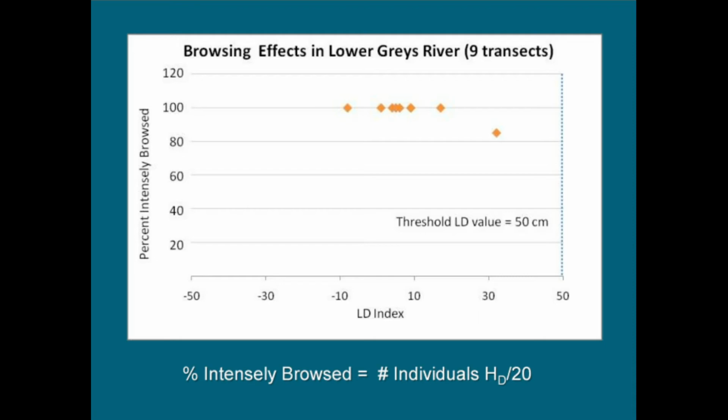So they're being prevented from growing through the browse zone. If I was a manager, I could come in here and see these areas need attention. And we correlate them with LD values on the y-axis, and we see that they're also doing poorly. So we need to set objectives prior to management. For our objectives, we wanted at least a fourth to a third to exceed the threshold.